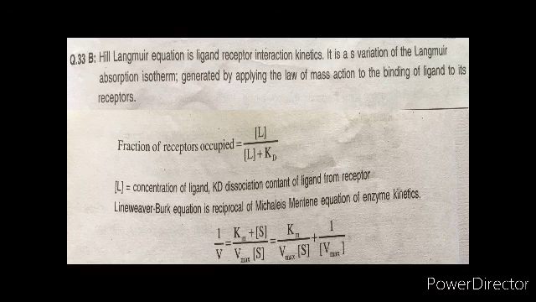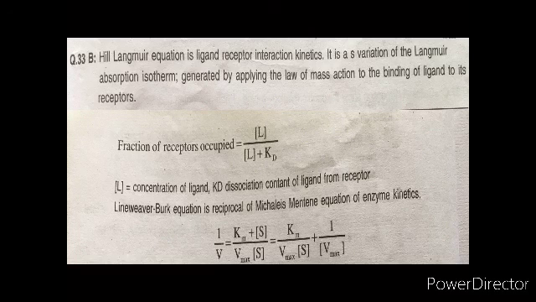Now the fraction of the receptor occupied is given by this equation: concentration of the ligand upon concentration of ligand plus the dissociation constant, that is Kd. Now the other equation, the Lineweaver-Burk equation, is a reciprocal of Michaelis-Menten.